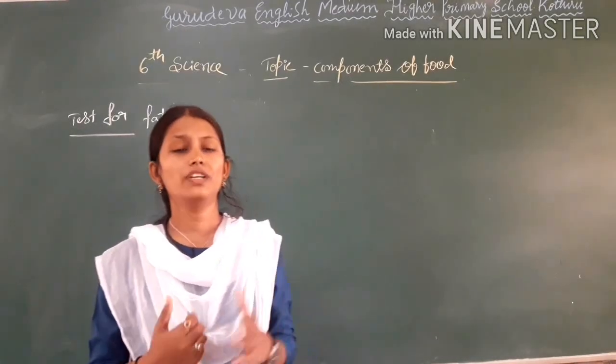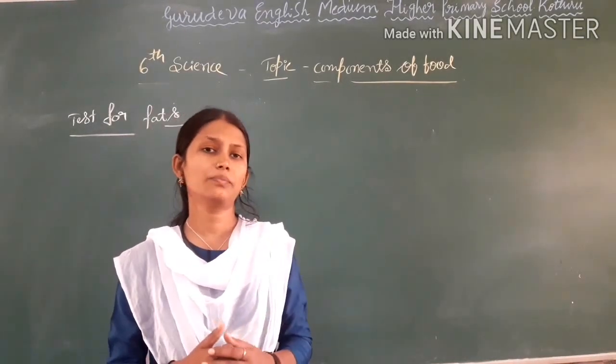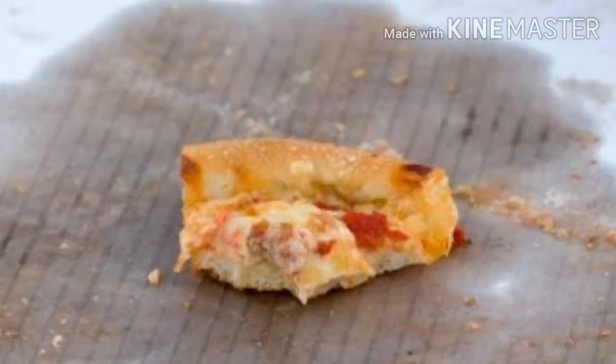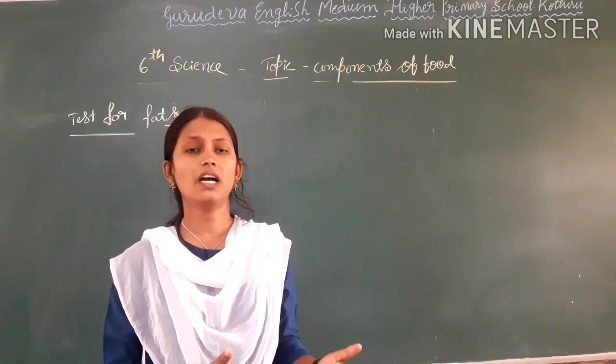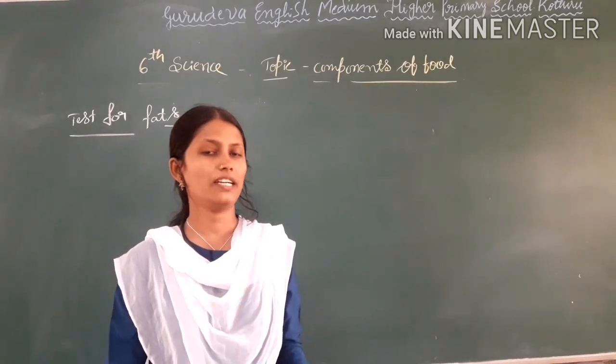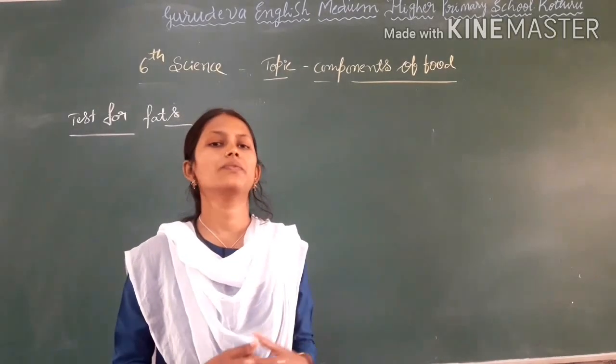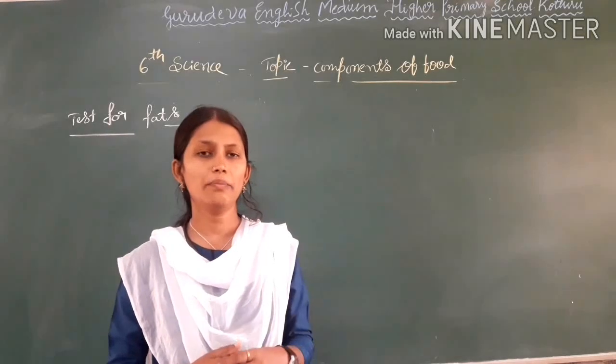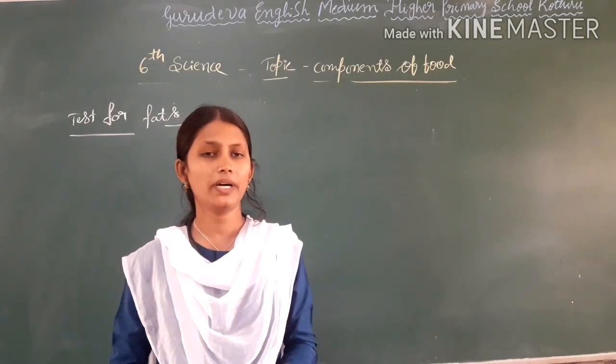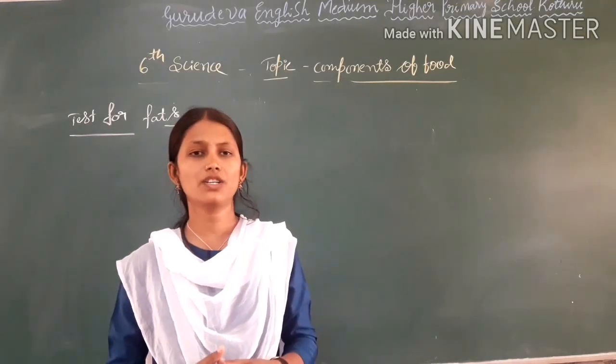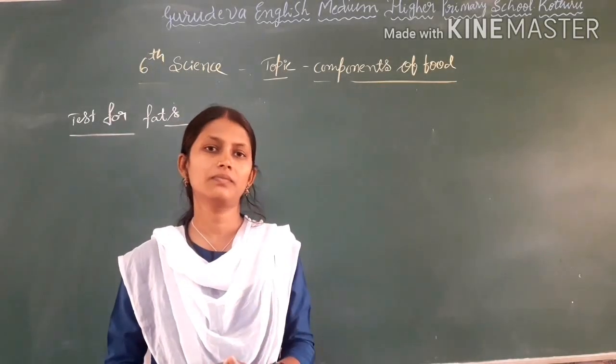Yes, now we will see practically how we test the presence of fats in our food item. Here is the practical observation. We have come to know that oily patches appearing on the paper show the presence of fat in our food item.